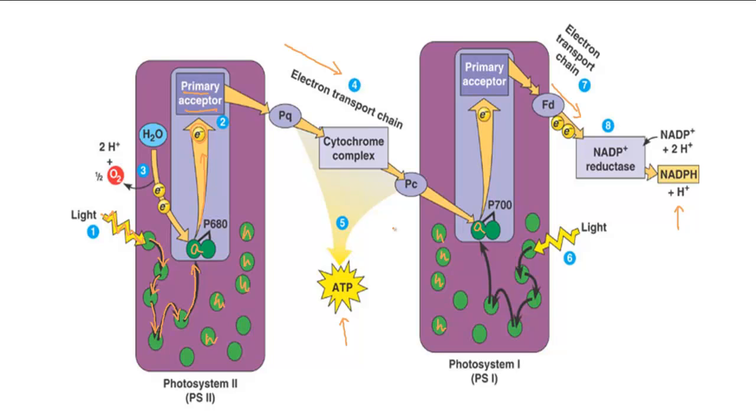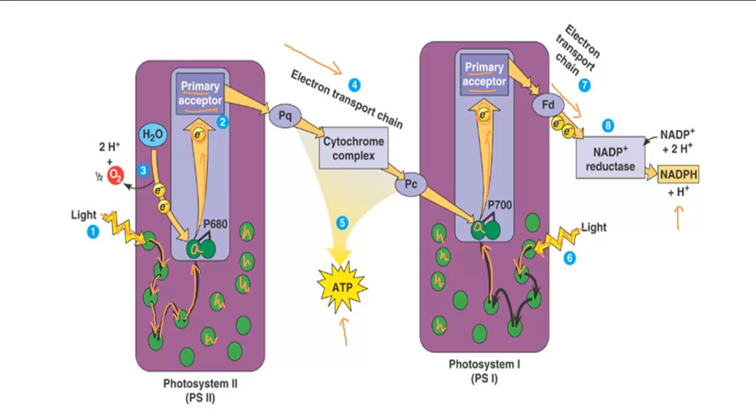And when it flows down the transport chain from photosystem 2 to 1, this is when ATP is generated. But remember, there's another electron transport chain, so this happens twice. So light is absorbed by the accessory pigments, passed from pigment to pigment, flows into chlorophyll A, excites chlorophyll A's electron, is accepted by the primary acceptor, and flows down the electron transport chain.